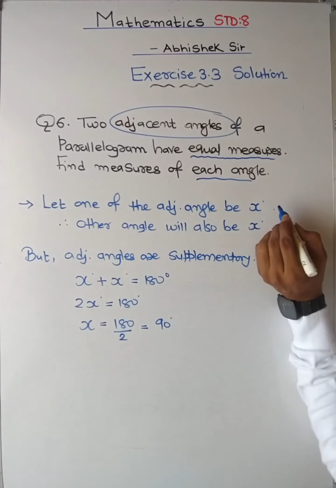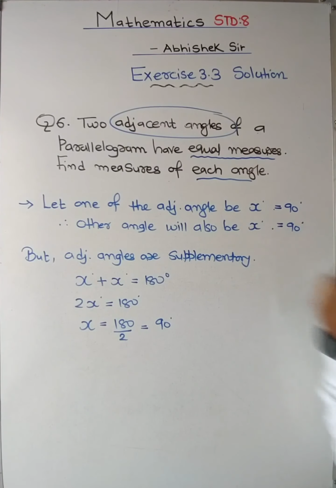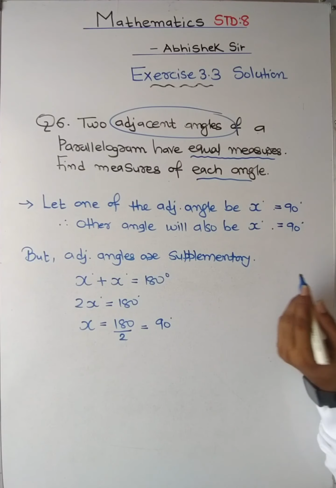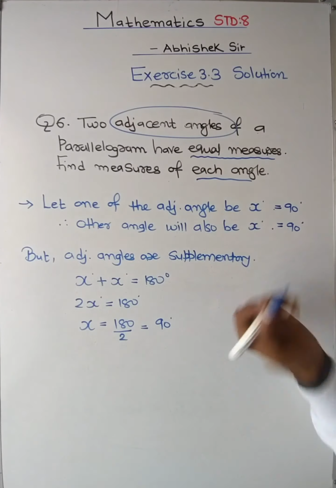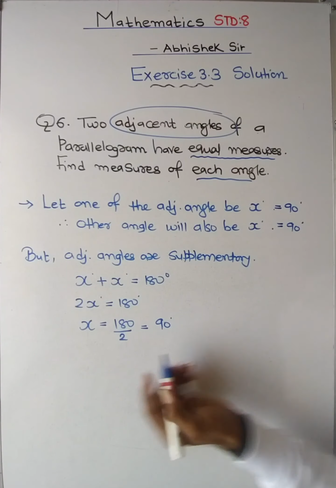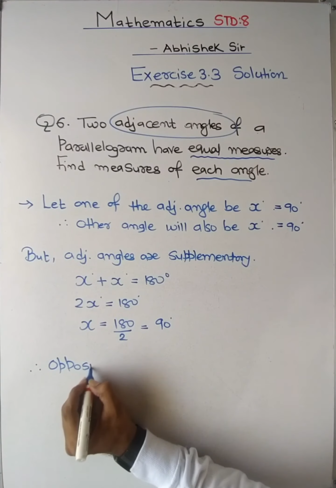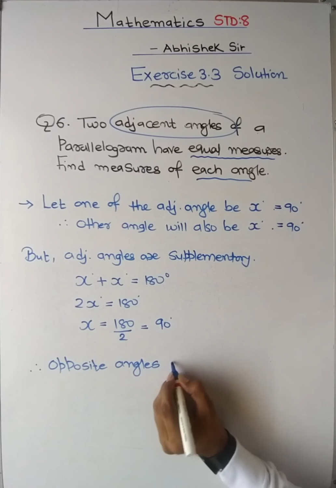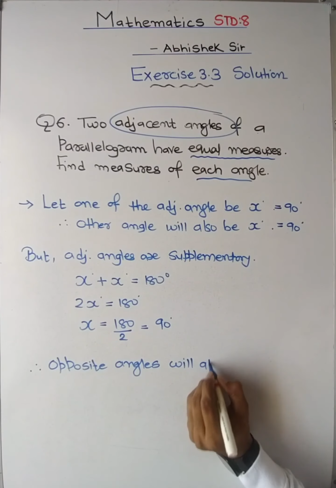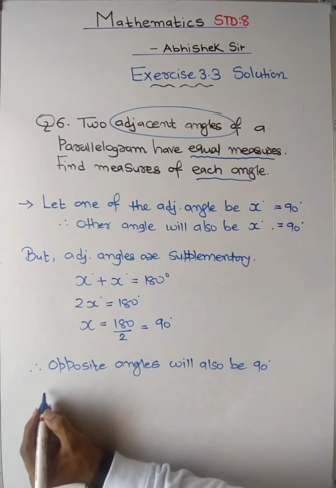So both the angles are 90 degrees, and we know that if we have found two angles, the opposite of those two angles will also be the same. Opposite angles will also be 90 degrees.